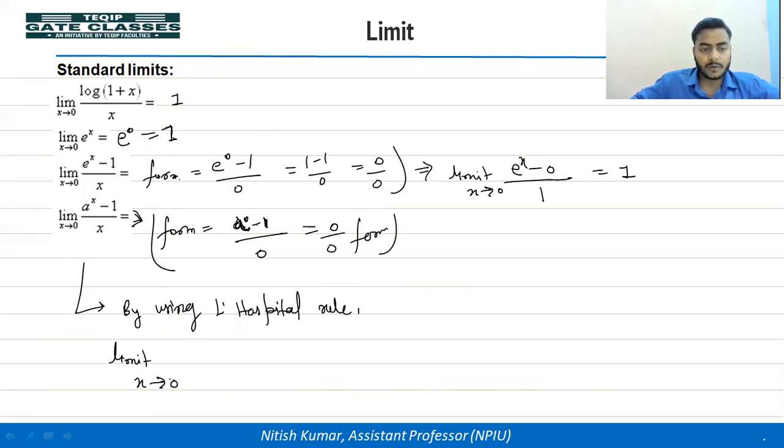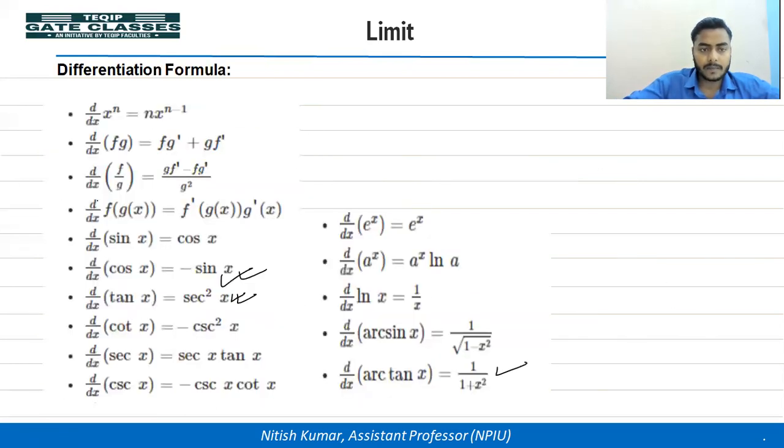Limit x goes to 0. Differentiation of x is 1, differentiation of a to the power x, what will it be? This is very important, many times it has been asked in GATE.